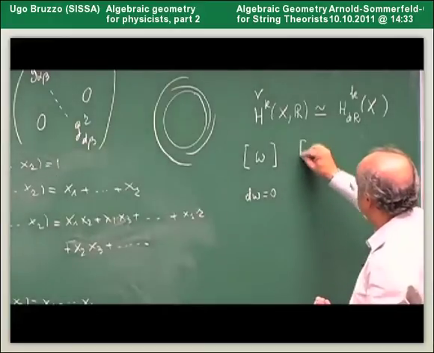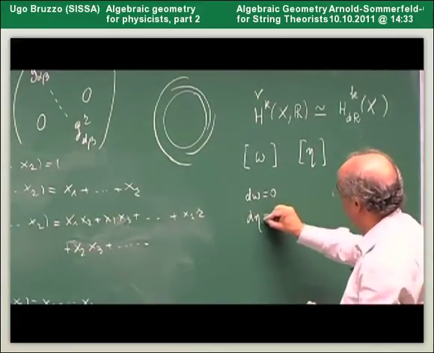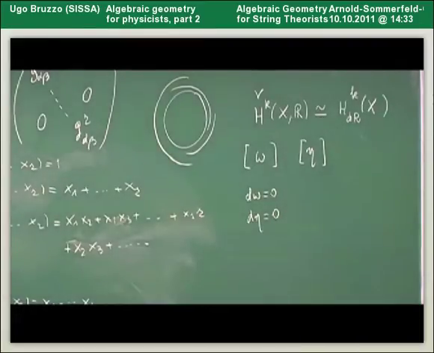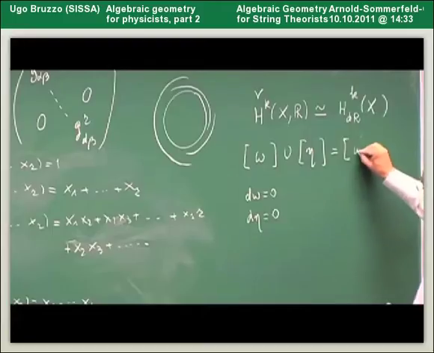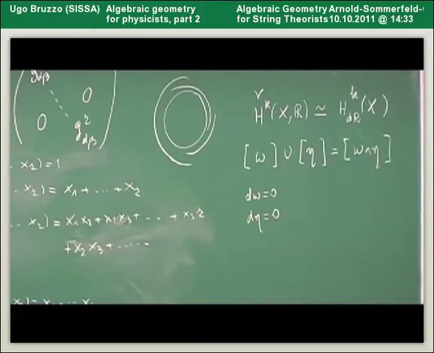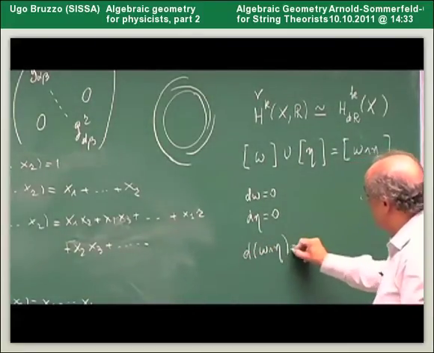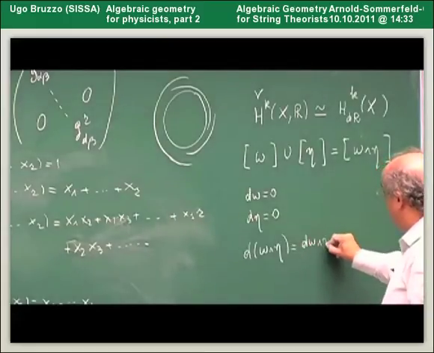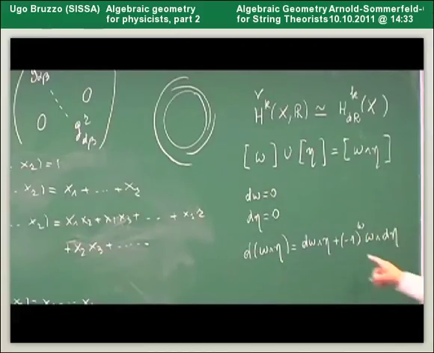If I have another, it will be something of the same sort. It will be a closed differential form. And then I define the cup product by wedging the representatives. And using the fact that the wedge will be closed as well because of the following Leibniz rule.